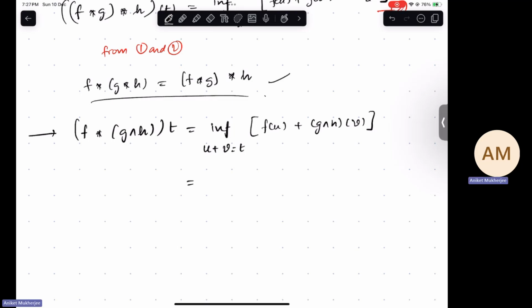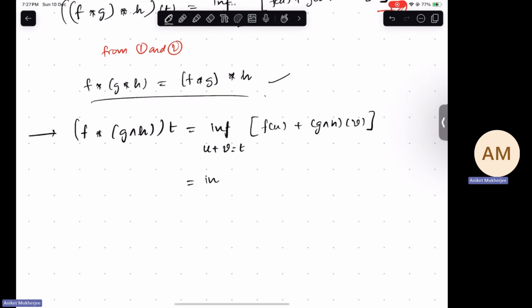Now, from the definition of a monoid, we know that the second operator distributes over the first operator, both on the left and right sides. Here the second operator is plus and the first operator is minimum.